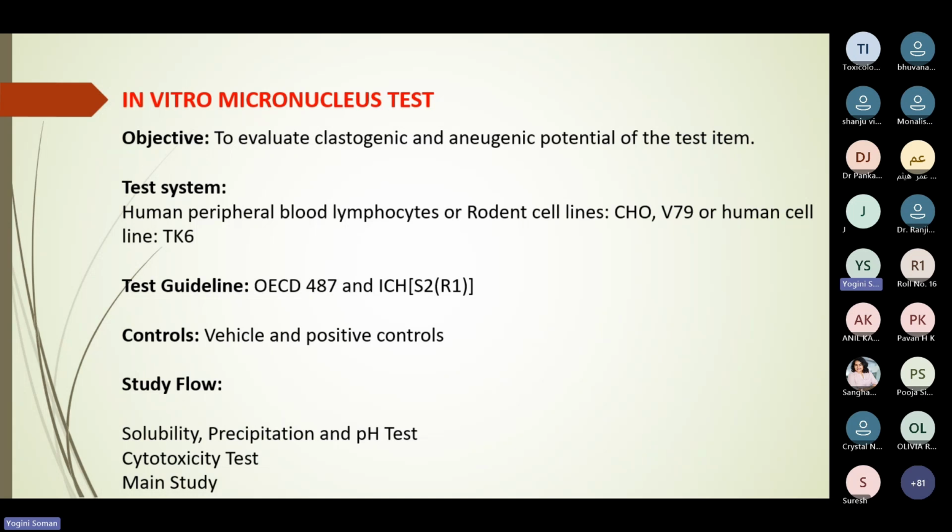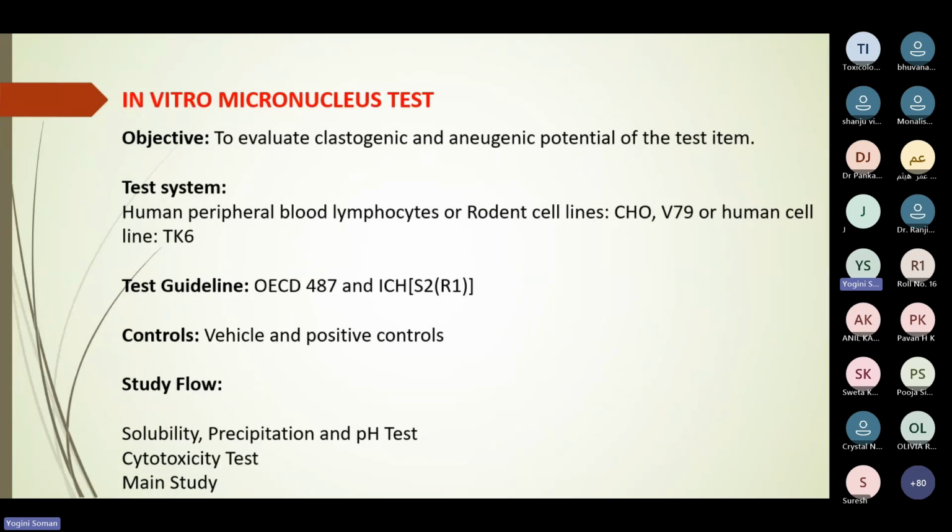For blood lymphocytes, the first part is you have to collect blood from human volunteers. So the first crucial part is ethics committee approval for use of human blood. So you need approval from the ethics committee. Then you need an audio-visual recording or written consent from those volunteers.